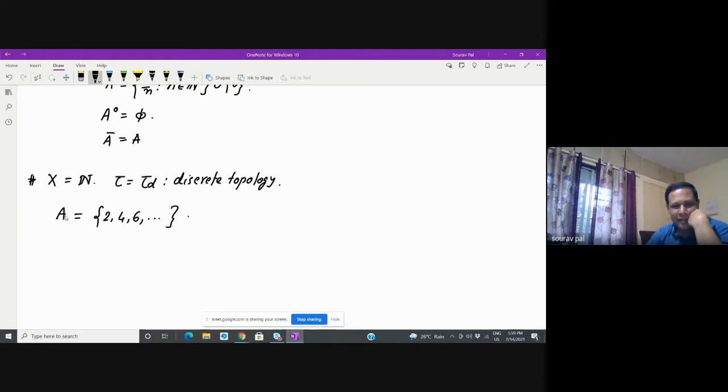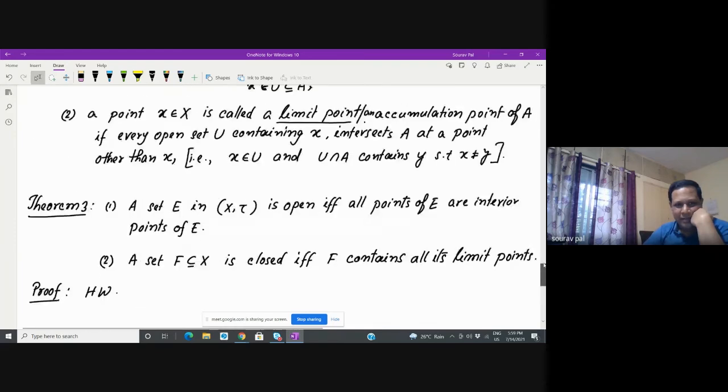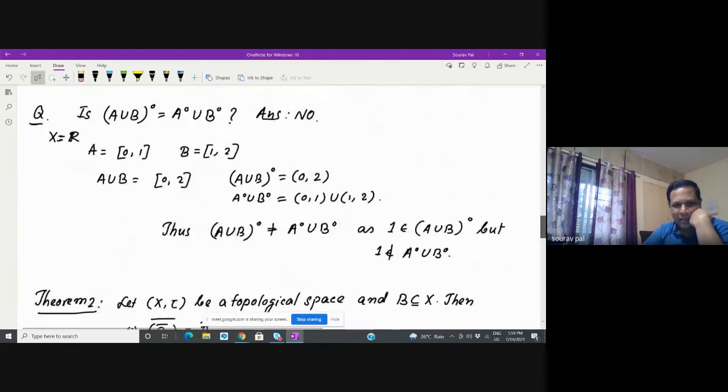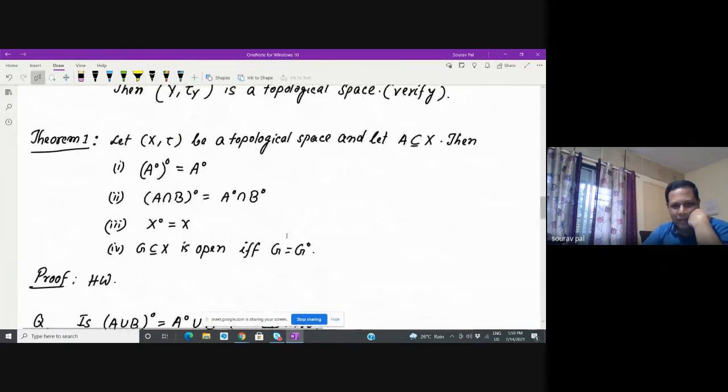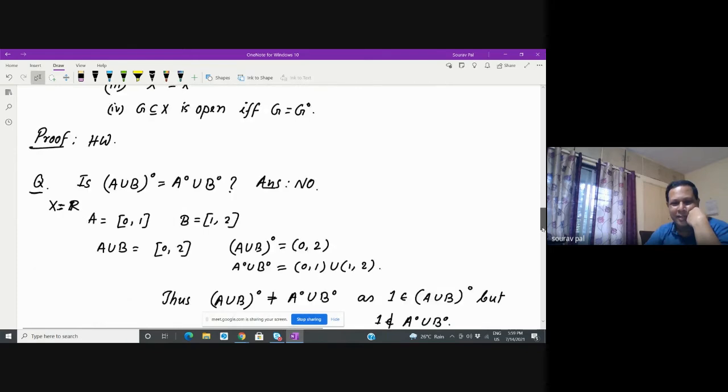And if A is open, it is equal to its interior. That's what we have learned, right? If we just go back, what he is saying is absolutely correct. G is open if and only if it is equal to its interior. And what is the interior? That is the largest open set contained in it.